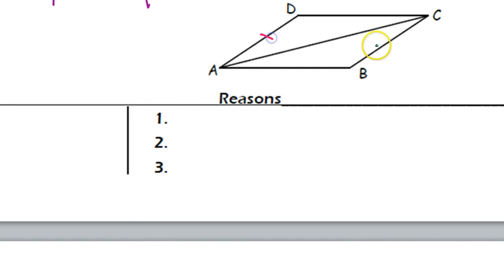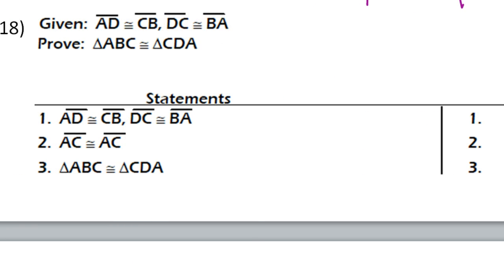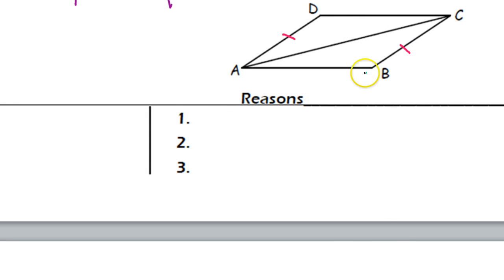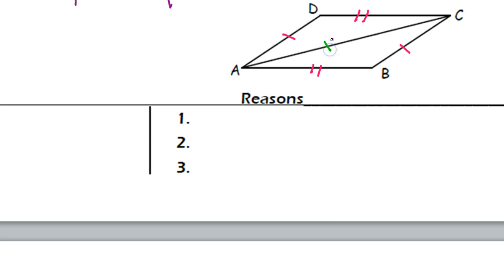We're also given that DC is congruent to BA. In addition to what's given, we know that AC will be congruent to itself by the reflexive property. So we can go ahead and mark that.